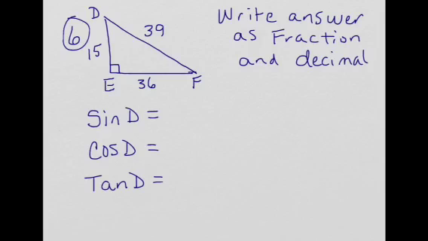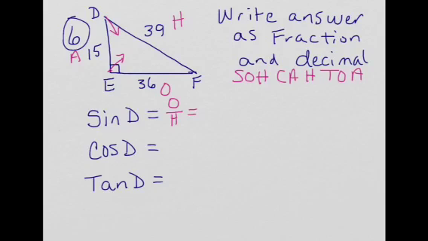Okay, the first thing we're going to do is label our parts. So we're going to draw and find our hypotenuse. And then we're working with angle D, so we're going to draw our arrow out of D. That's going to be our opposite, and this is going to be our adjacent. So the sine of D is going to be opposite over hypotenuse. We're going to use SOH CAH TOA. So opposite is going to be 36 over hypotenuse, which is 39, which simplifies to 12 over 13.